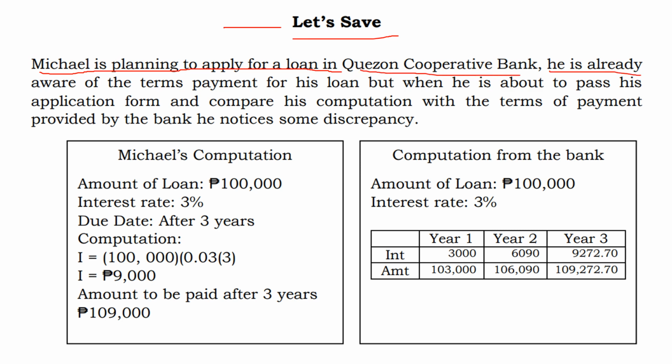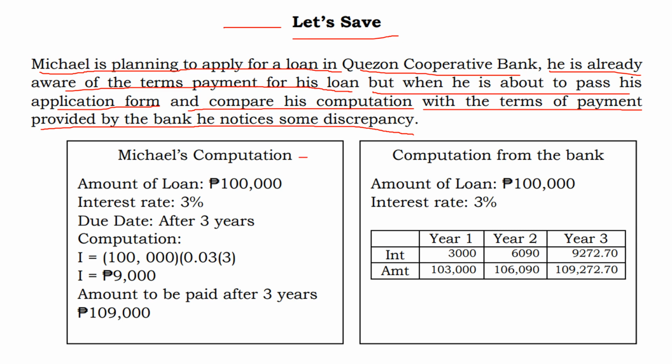He is already aware of the terms of payment for his loan, but when he is about to fill out his application form and compare his computation with the terms of payment provided by the bank, he notices some discrepancies.